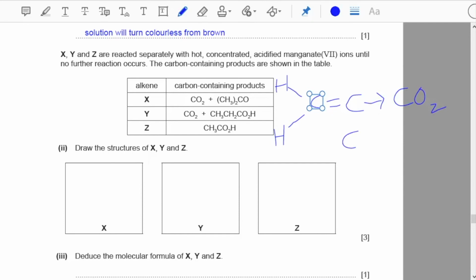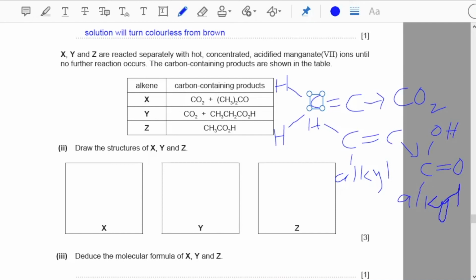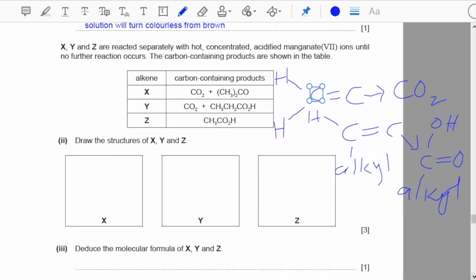When there is a carbon-to-carbon double bond and there is one hydrogen attached to it, and the second thing attached to it is an alkyl group, this kind of structure, when it reacts with hot KMnO4, gives you a carboxylic acid. That carboxylic acid will have a structure like this, bonded to the same alkyl group as present in the reactant.